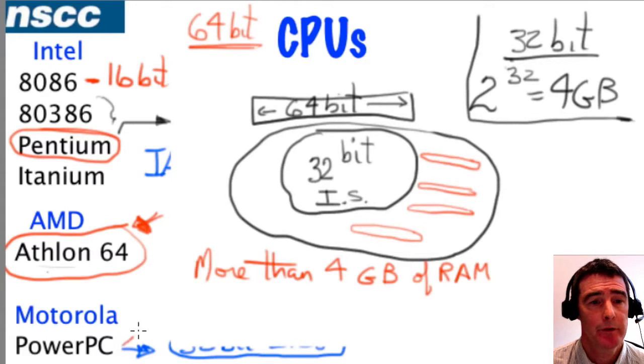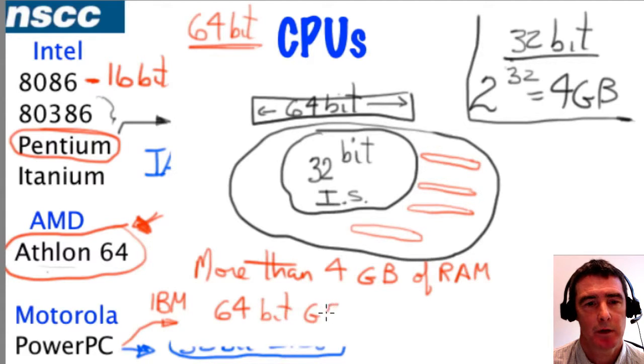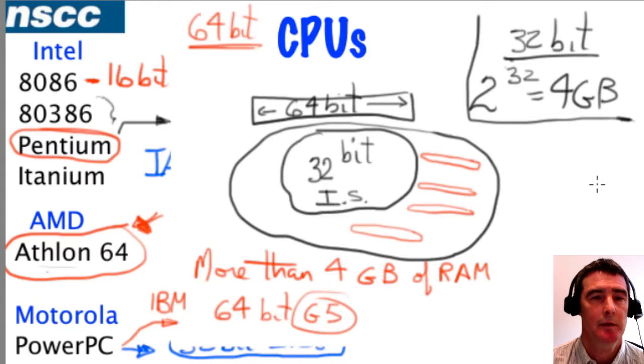The PowerPC, Motorola, actually IBM came out with a version of the PowerPC that was 64-bit called the G5. All of these were different. That is, the G5 from IBM had its own instruction set, which is not compatible to the Itanium, and the Itanium is different yet than Intel's architecture.